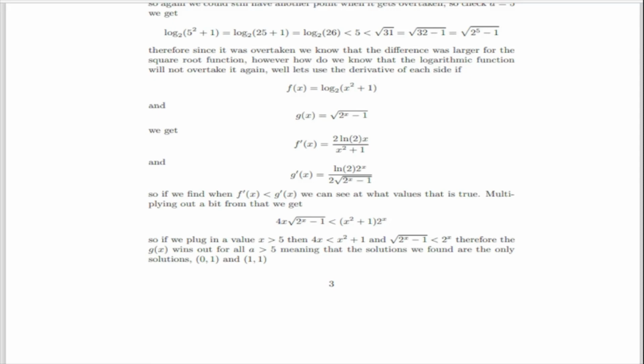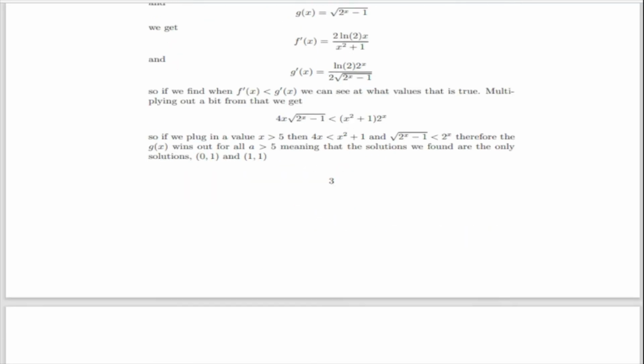So if we plug in x greater than 5, then 4x is less than x squared plus 1, right? For all of them, because it'll always be greater. And then we know that the square root of 2 to the x minus 1 is always less than 2 to the x. Therefore, g of x wins out for all a greater than 5, meaning the solutions we found are the only solutions, 0, 1, and 1, 1, since we've checked 0 through 5.